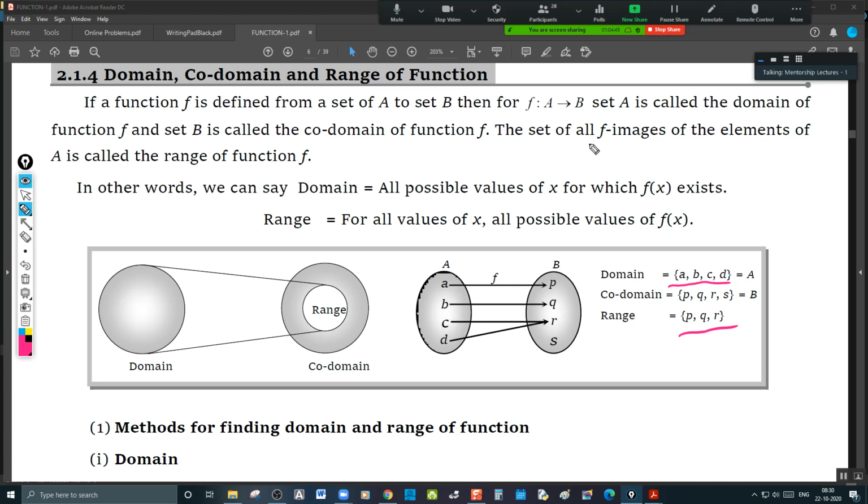Okay. So now let us understand. Finding the domain and range is also very, very important, what I mean to say.